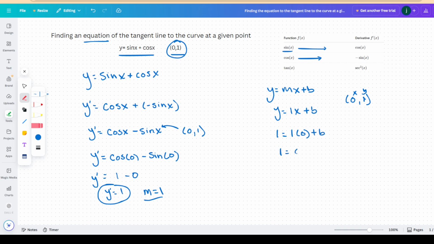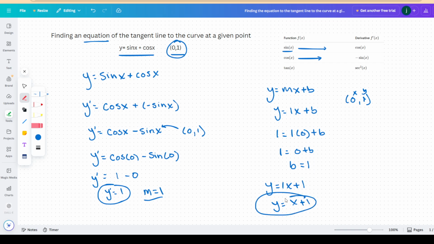So we have 1 equals 0 plus b. Our b is equal to 1. So writing this all out again, we have y equals 1x plus 1. So overall, we have y is equal to x plus 1. And that will be our answer.